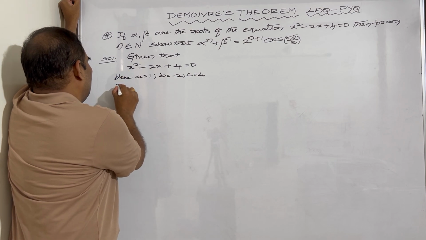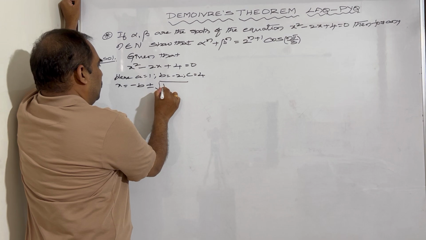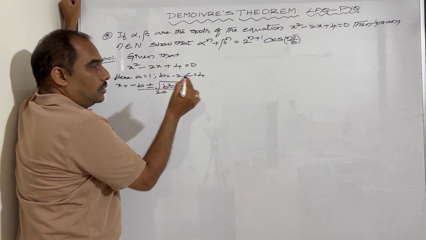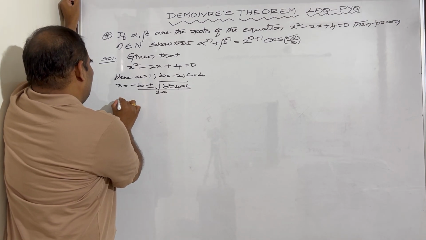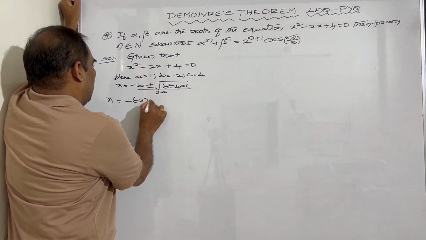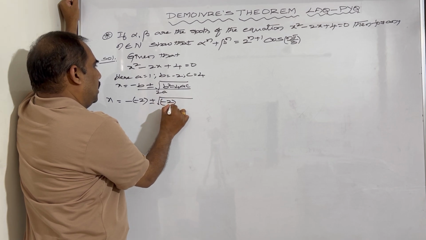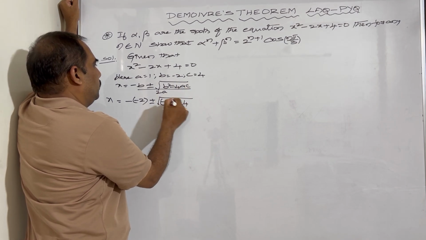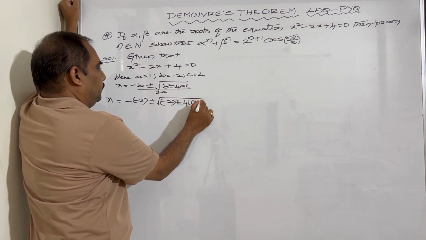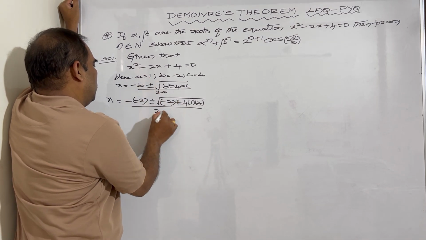Now x is equal to minus b plus or minus root over b square minus 4ac by 2a. So now what we get from this? x is equal to minus b, that is minus 2, plus or minus root over b square, that is minus 2 whole square, and minus 4 into a is 1 and c is 4, whole divided by 2 into a, which is 1.